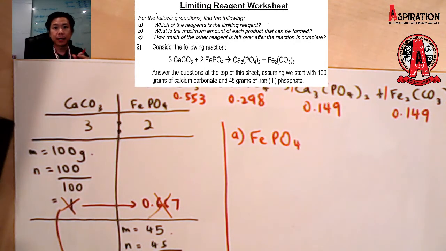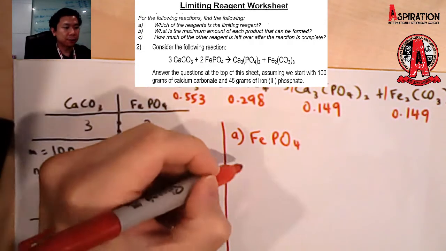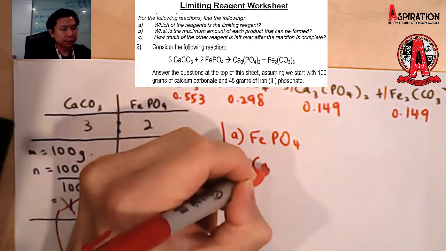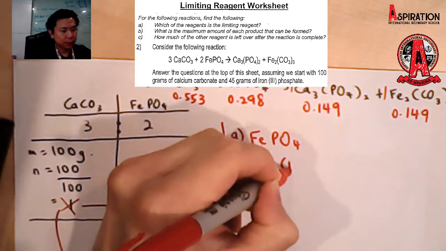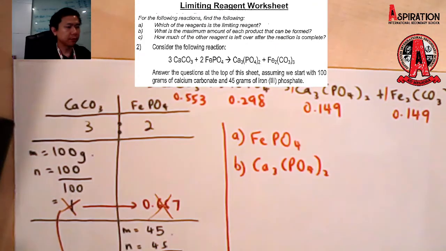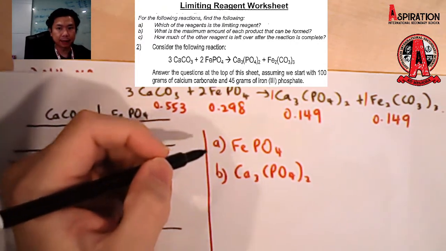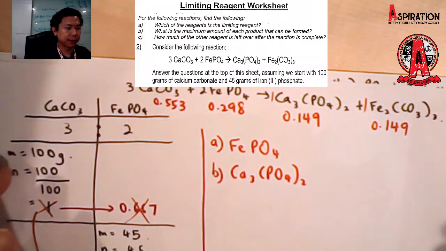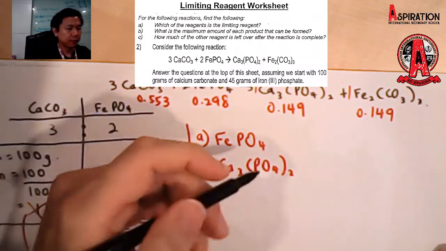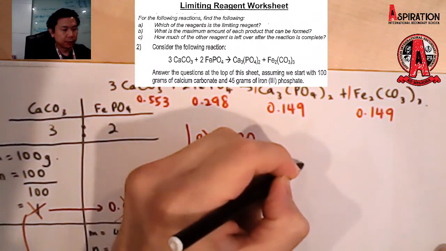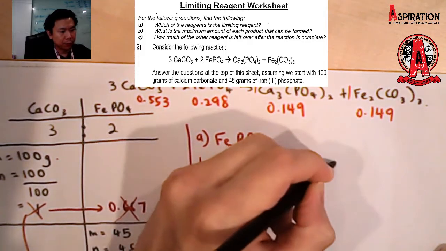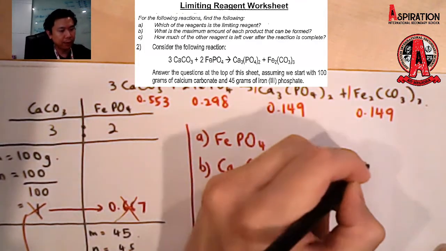Okay? So now, what is the maximum amount of each product? Let's look at calcium phosphate. Let's calculate the mass. The mass would be the moles, 0.149, multiplied by the molar mass.